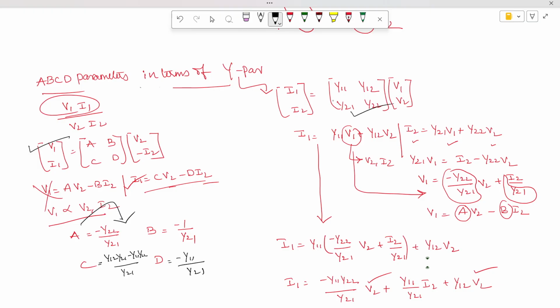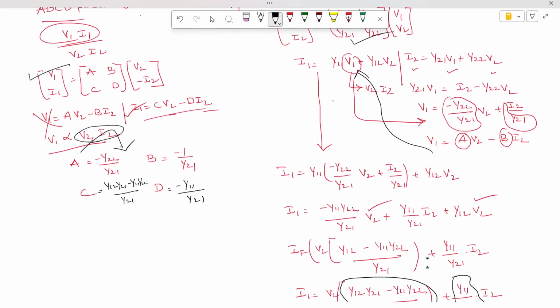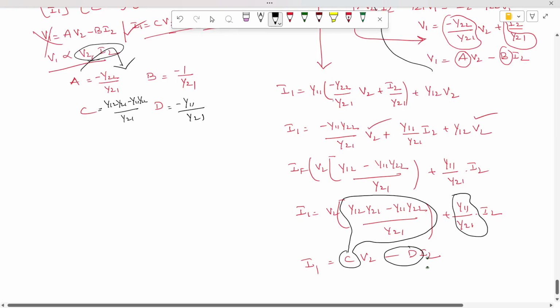In Y parameters, see that the equation of V1 should be in terms of V2 and I2. So this is the equation, V1 in terms of V2 and I2. So substitute this in this expression, then you can compare with the standard format. You can express ABCD parameters in the standard form. So this is how to express.